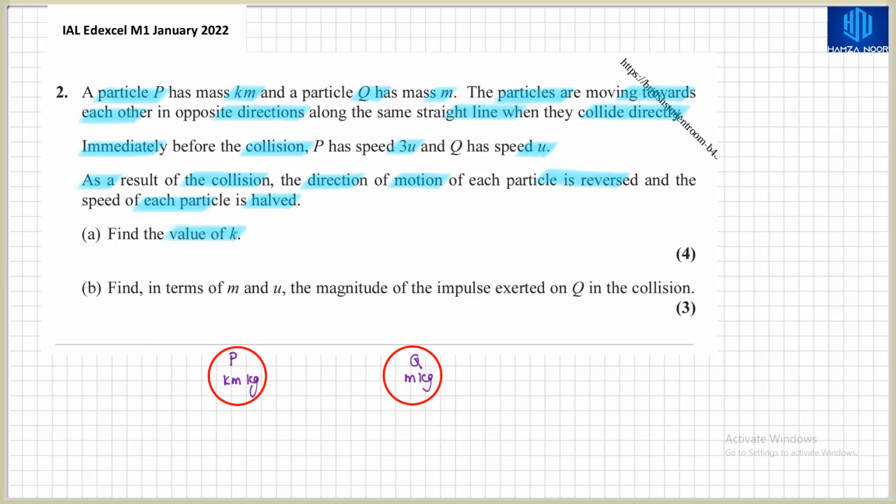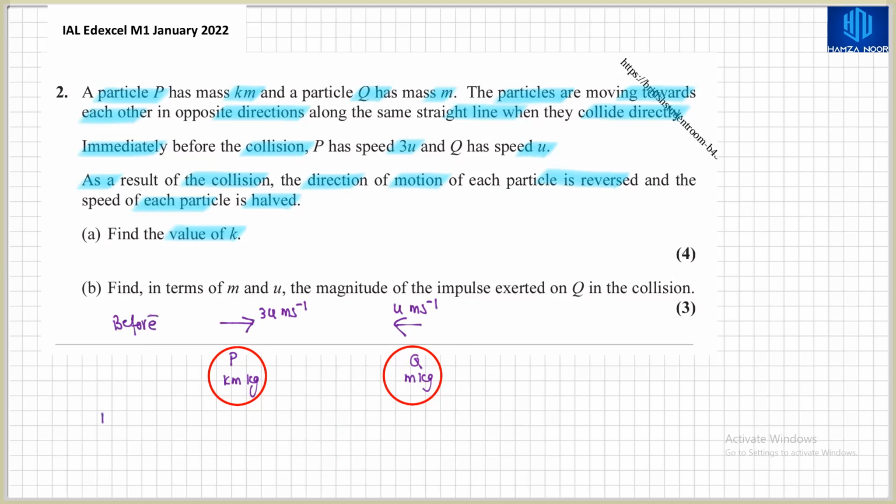P is moving towards Q and Q is moving towards P. Immediately before the collision, P has a speed of 3u meters per second and Q has a speed of u meters per second. This is before the collision happens, before the impact.